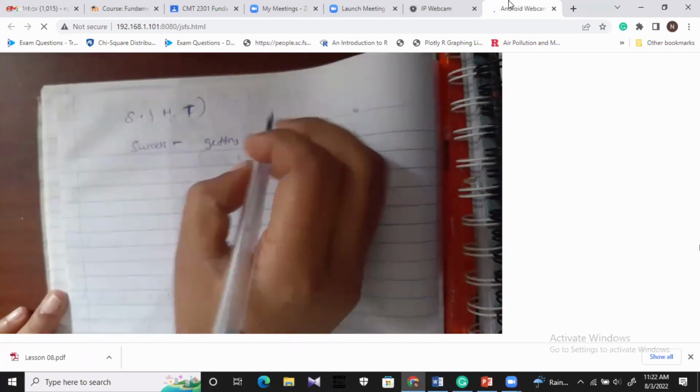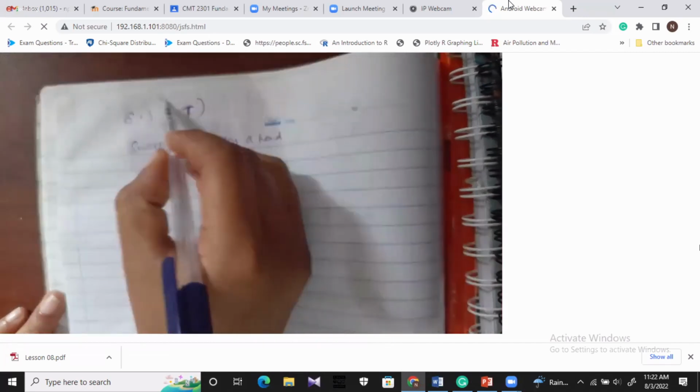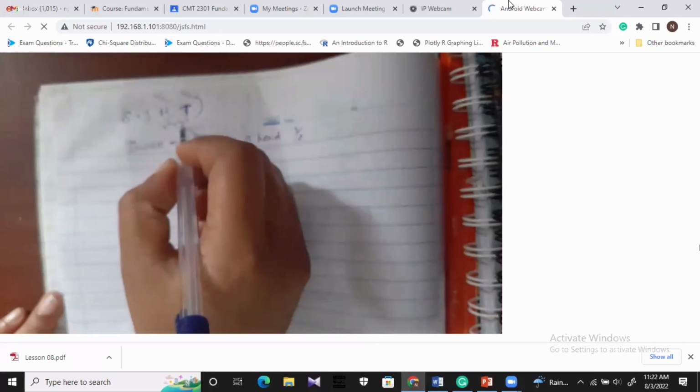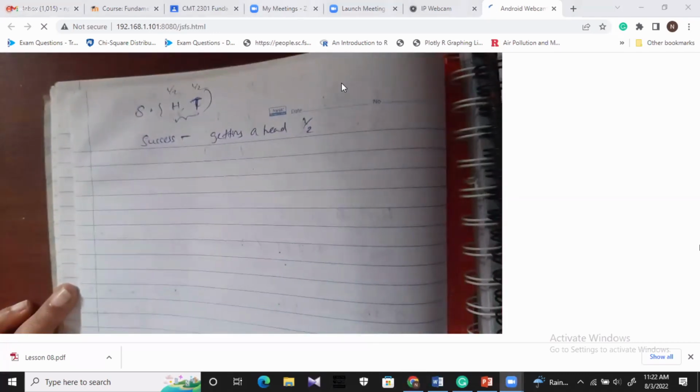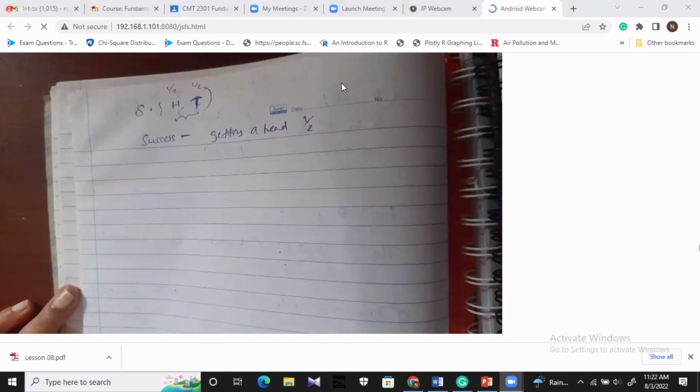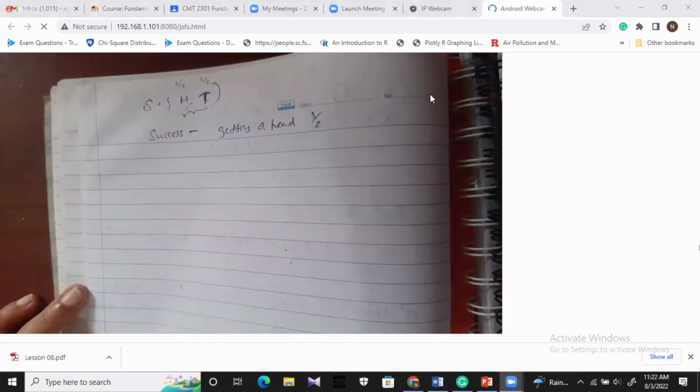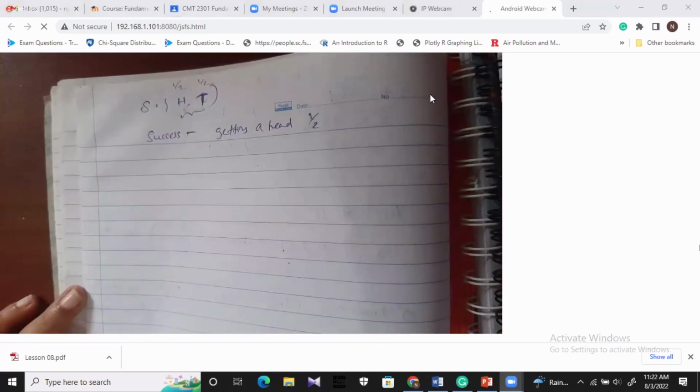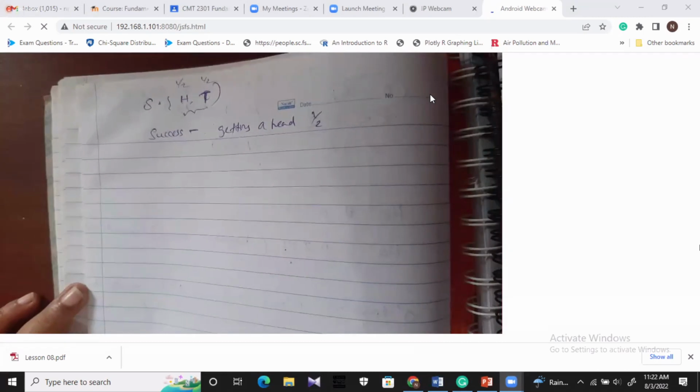That should be half. The probability of getting a head is not one. That should be 1/2. Out of two outcomes, only one outcome is related to that event.